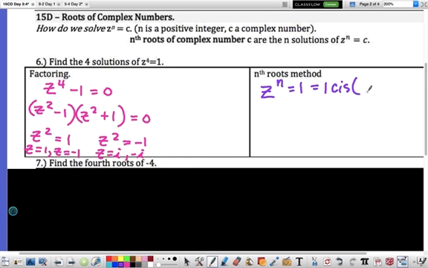What would the argument have to be? What would give me 1 for a complex number? Argument would have to be 0 or 2 pi, right? Okay, so this is 0 plus 2 pi times some number k. It doesn't matter. We can go over however many times, right? We still go back to 0.